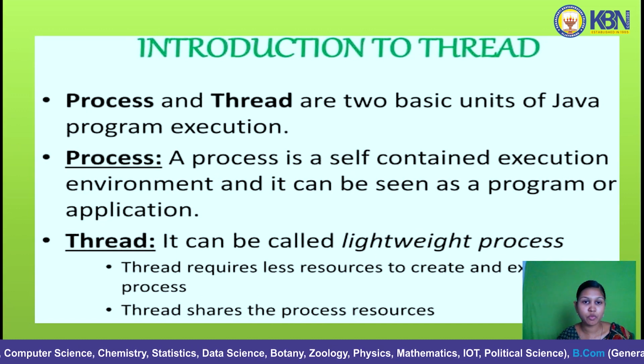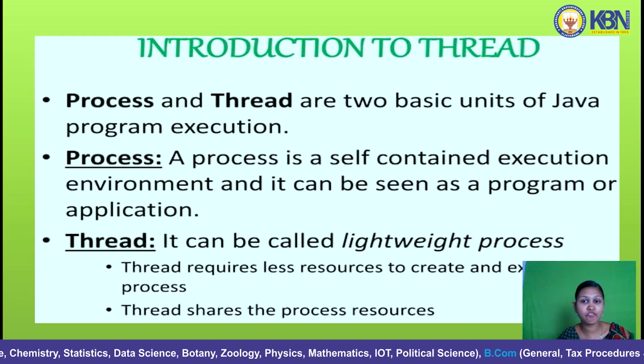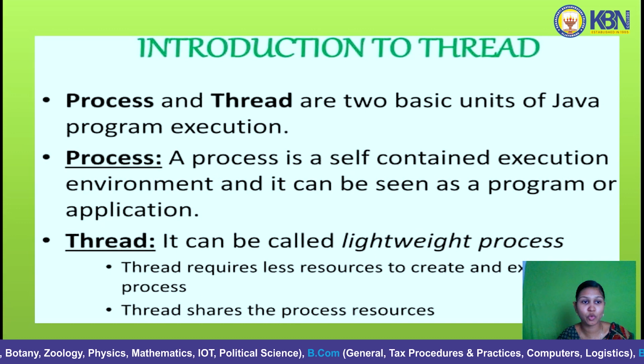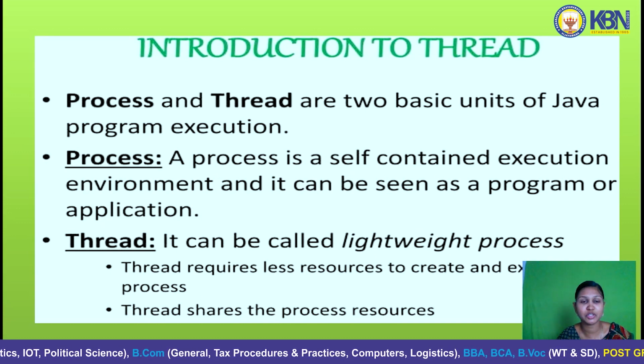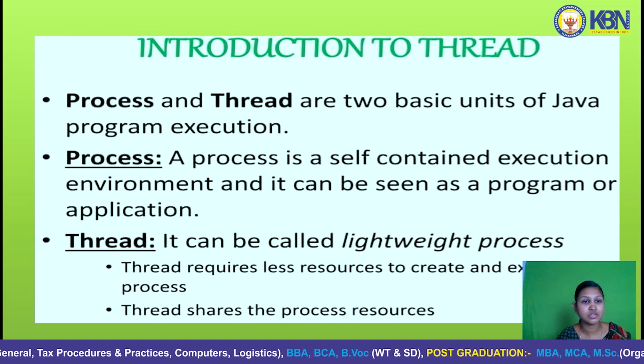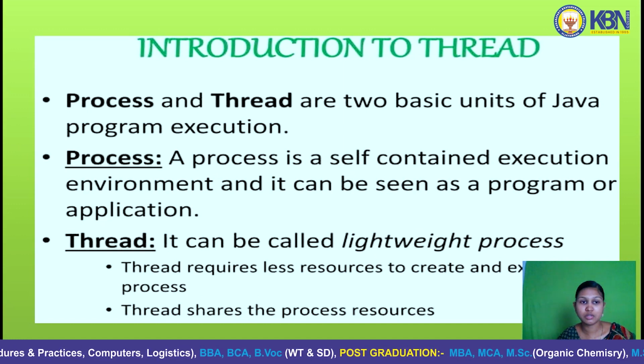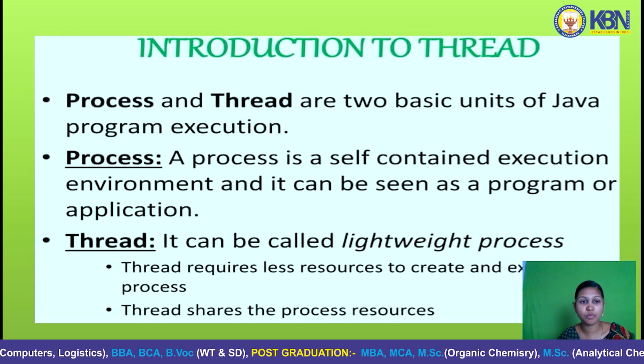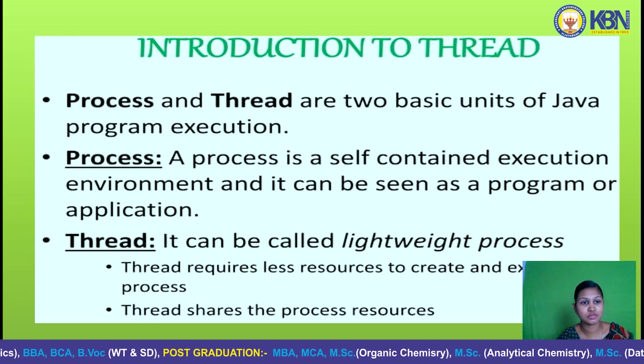A process is a self-contained execution environment, seen as a program or application. For example, take a simple arithmetic operation: the user gives two variables with the addition operator, then it processes them and finally gives the result.